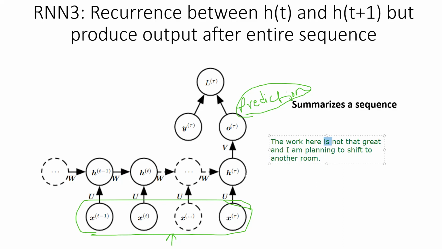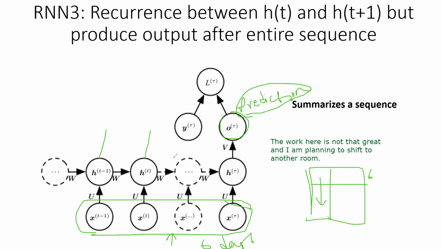Similarly, I can have a time series. Let's say I draw a table here. This is the time series that is going along with time. I will take 6 days, and I will present the data here for 6 days, and then I want a prediction for the output neuron. So I'm going to generate the output neuron only when I want a prediction, not at each timestamp, because I don't want a prediction at each timestamp.